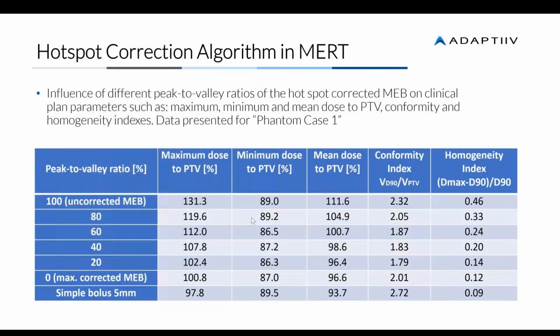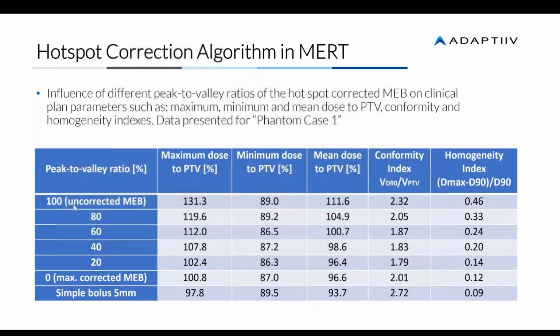So let us inspect some of the numbers behind the hotspot correction algorithm. We have some columns here. The first column represents the peak to value ratio, or let's say the percentage of reduction of peaks of the modulated electron bolus.